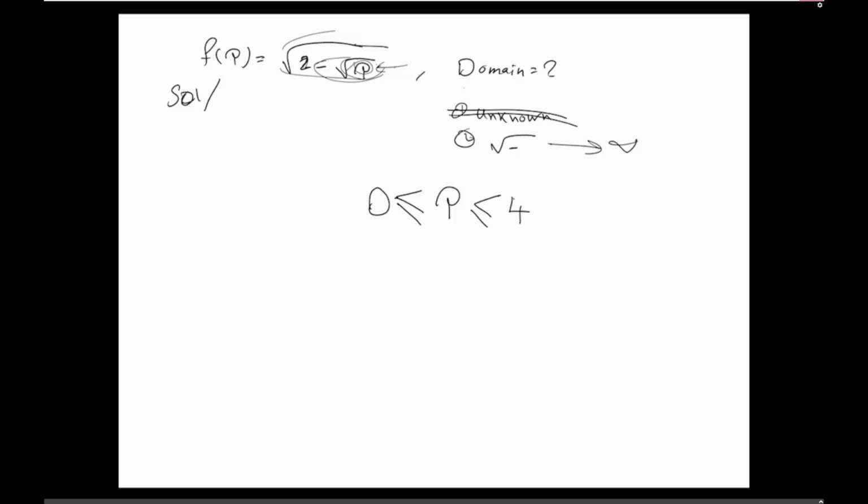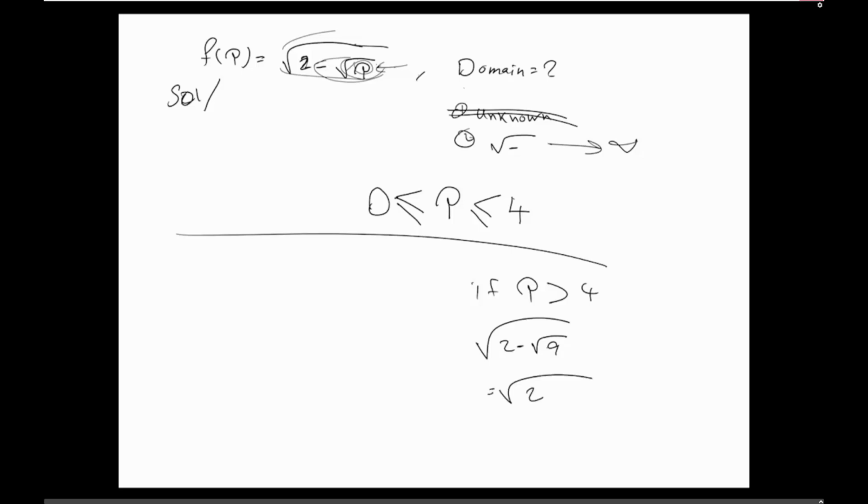It can't be bigger than 4, because if p were bigger than 4, let's suppose we had 9, what's going to happen here? The root of 9 is 3, so we will end up with a negative result, and we don't want that.